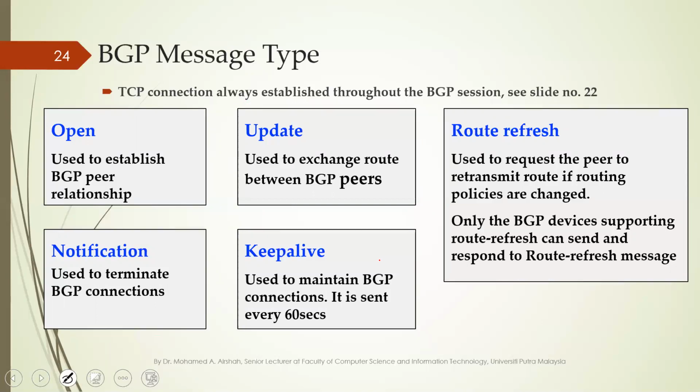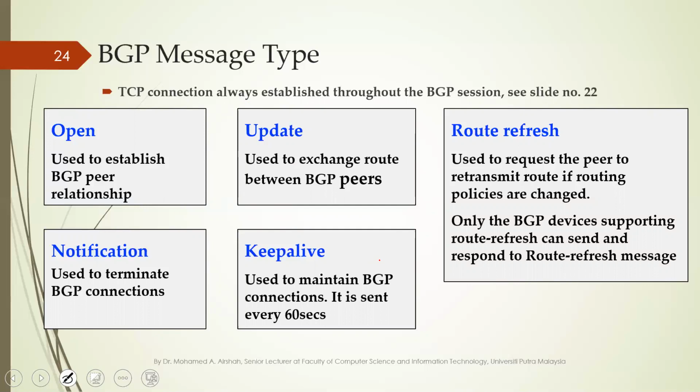The open message is used to establish the BGP peer relationship, or BGP connection. The update message is used to exchange routes between BGP peers.